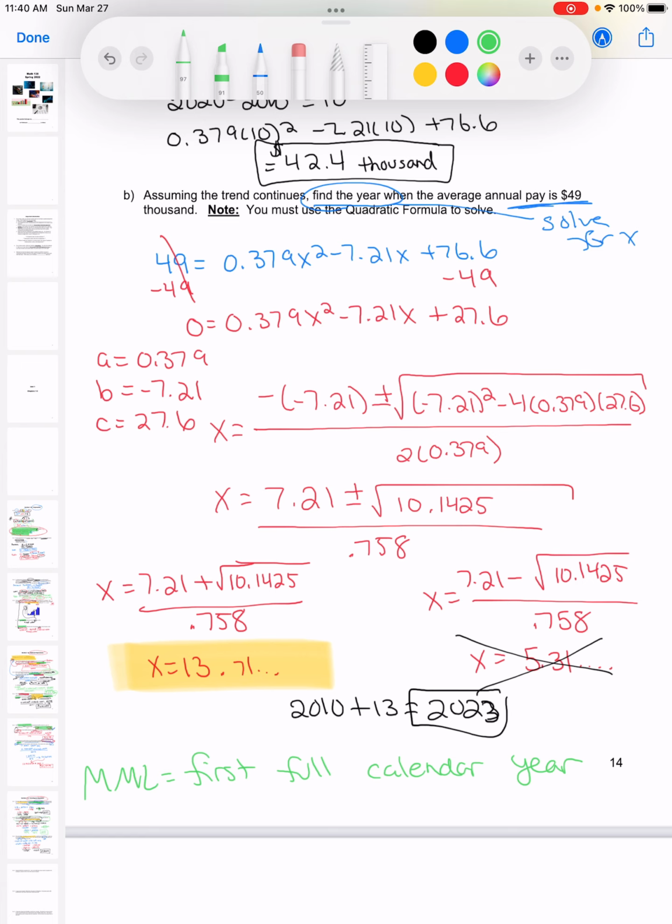So just be careful on that. It doesn't happen all the time. Almost all the time we're going to do the regular truncating where we don't round. But if it says first full calendar year, you need to go up to the next year.